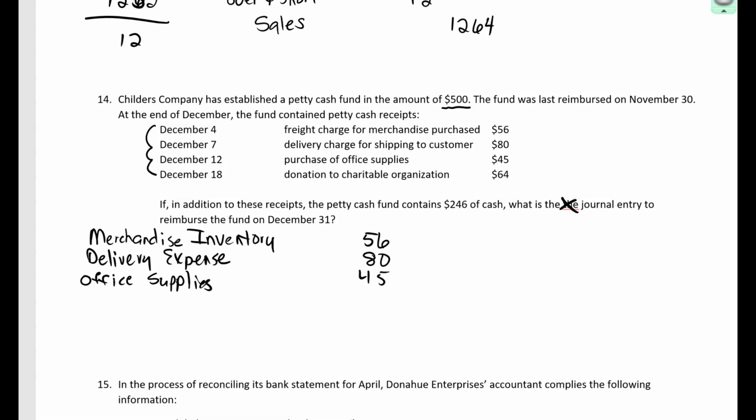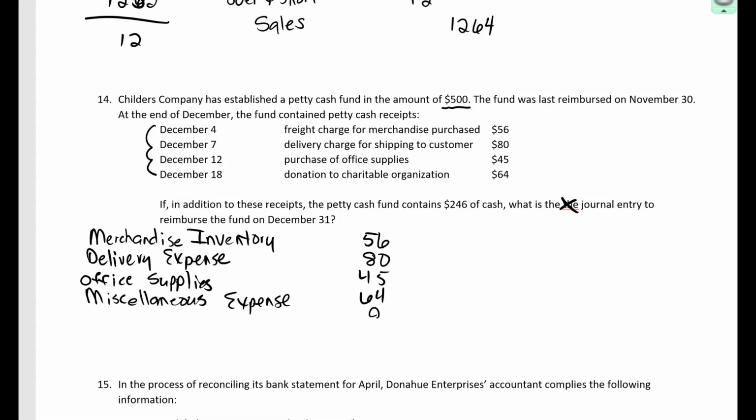And then donating to charity can go in quite a few different accounts. Let's just take it to a miscellaneous. We'll take it to miscellaneous expense for $64. Now, if you add these up, you will not get the amount that you should.